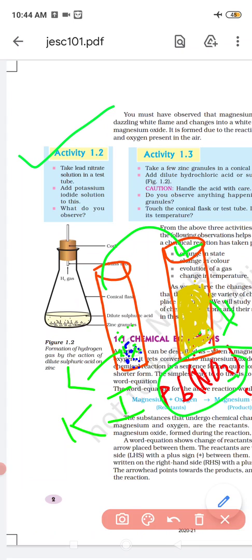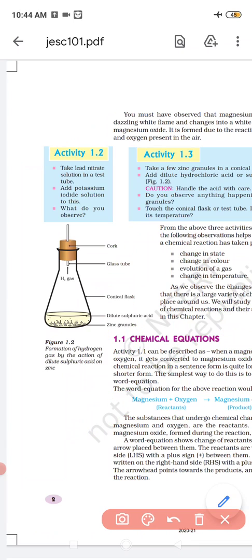So how does it react? See the equation. You have to take potassium iodide solution, then you have to take lead nitrate solution. Okay.